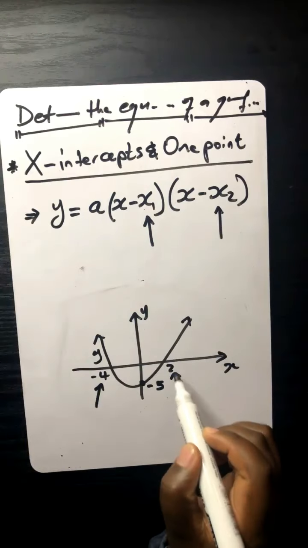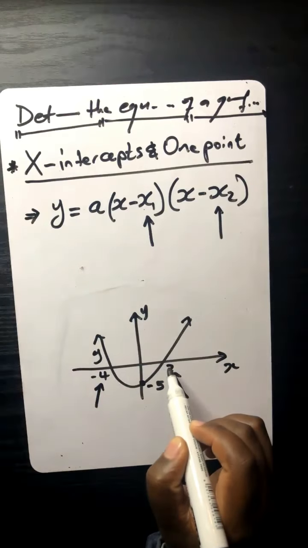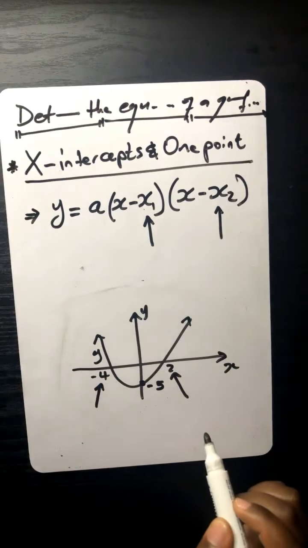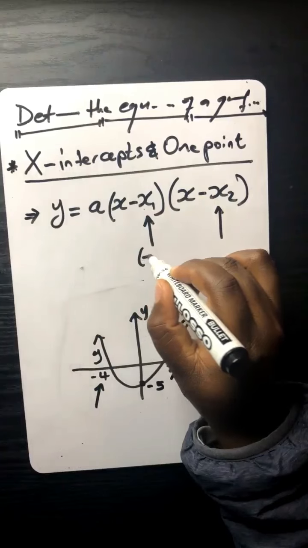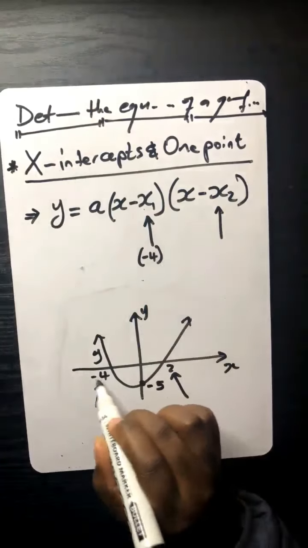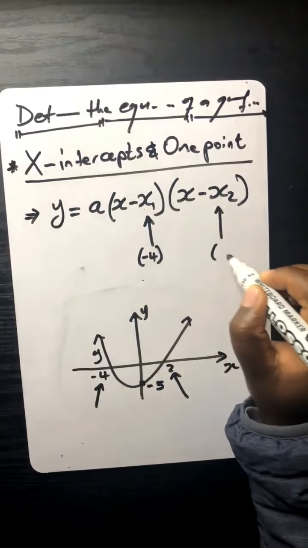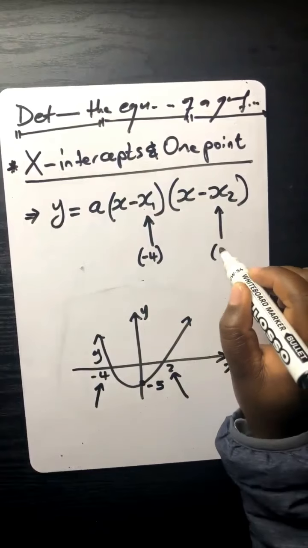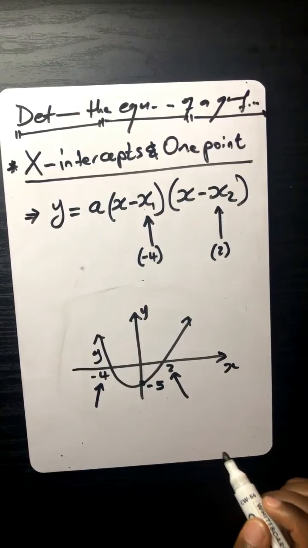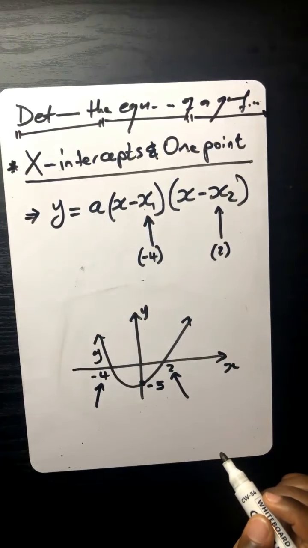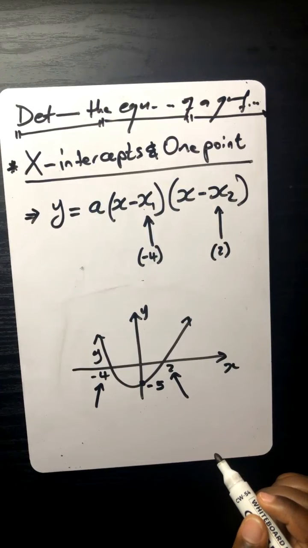It also doesn't matter if you take that one as x1 and that one as x2, which means there you are going to substitute -4, and there you are going to substitute 2. So that is what the first bullet means, where they say substitute the values of the x-intercept.